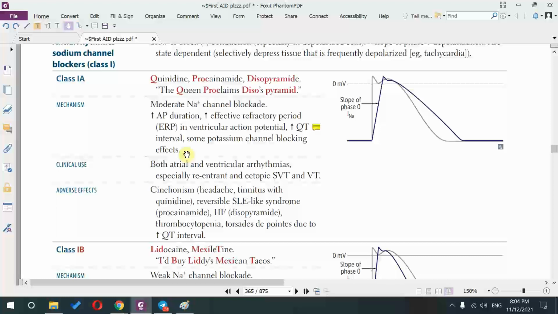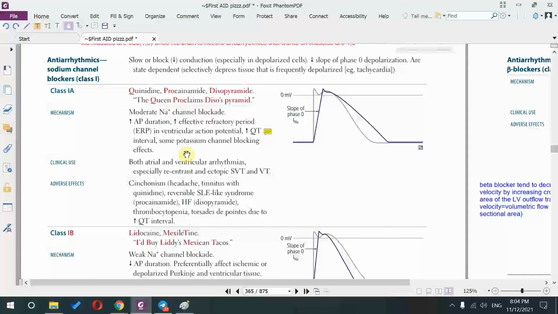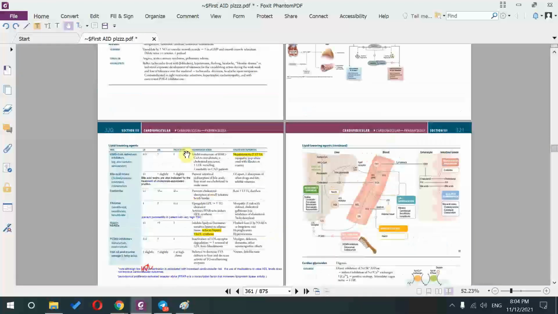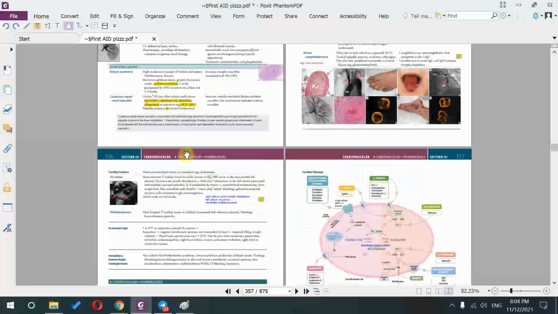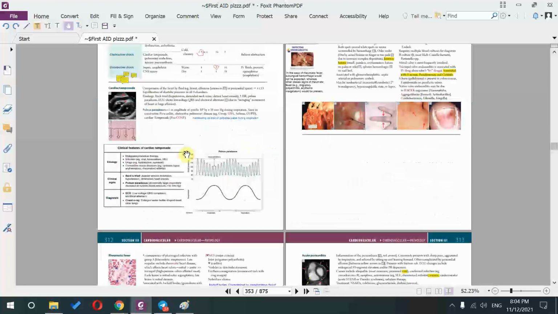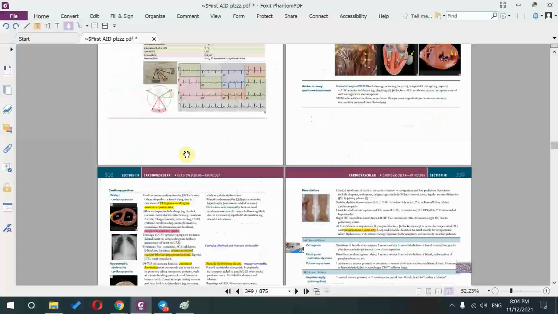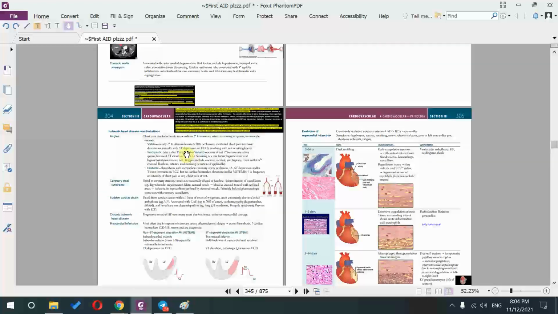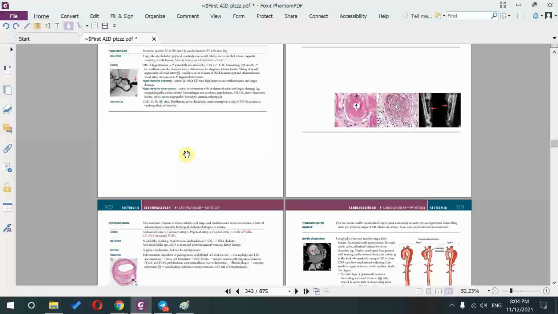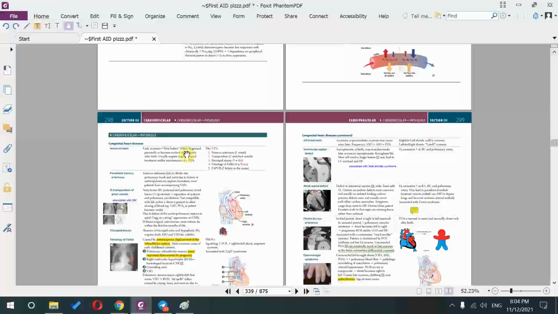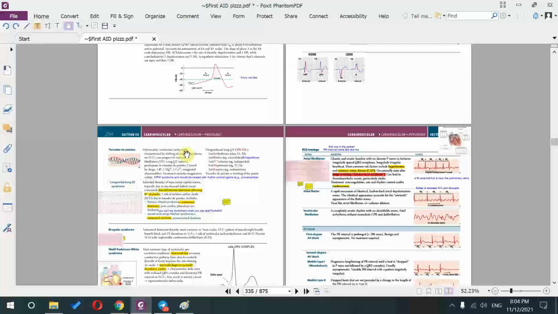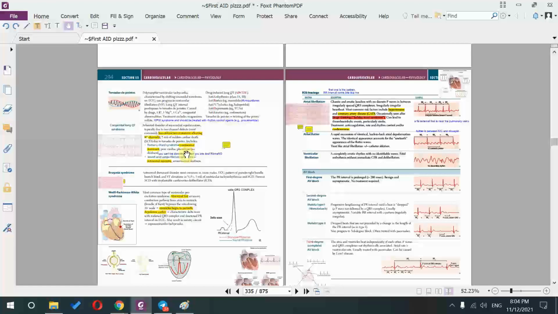So yeah, procainamide can be used for... wait a second. Something messed up here. I just want to make sure. I know that we use magnesium for sure for Torsades de Pointes. And procainamide can be used for sure for WPW.